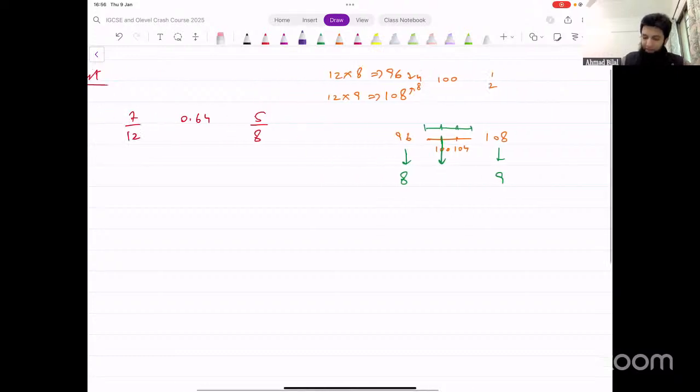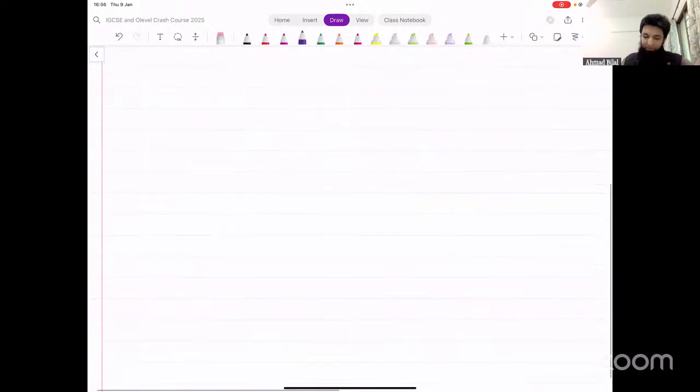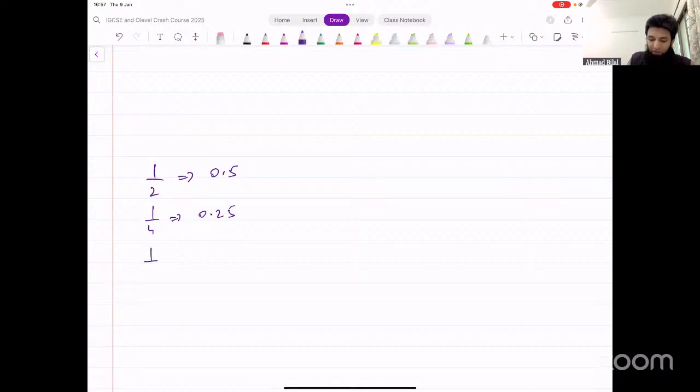Now, these are some common decimals that you should actually keep in mind. Let me write this down here. 1 over 2, for instance, what's that? That is 0.5, right? That's easy to remember. 1 over 4, for instance, is 0.25. 1 over 5 is 0.2.